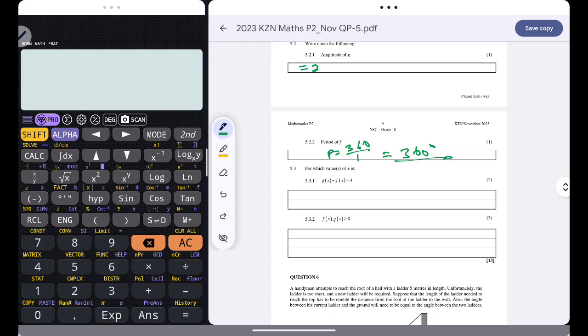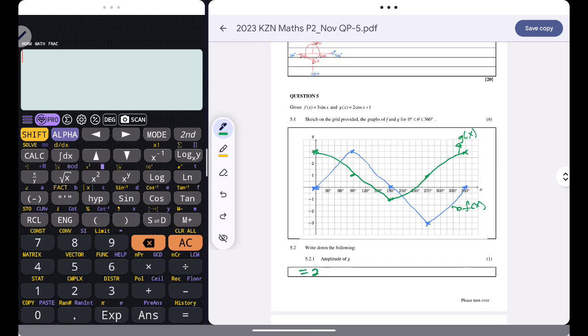Now I'm looking for the value of x for which g of x minus f of x will give me 4. That only happens over here when x is 270, because I know that g of x will be 1 and f of x will be negative 3.